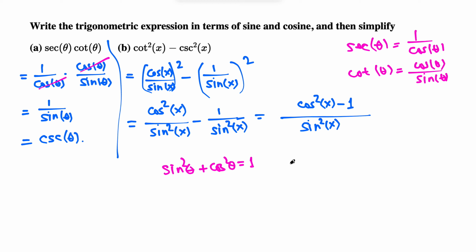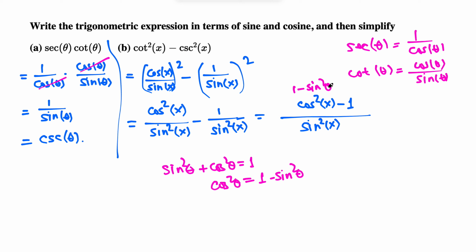If we move this over, subtract sine square from both sides, we get 1 minus sine square. Okay, so we can write cosine square as 1 minus sine square. And why? Because sine square is on the bottom. And when we write cosine square as 1 minus sine square, then 1 and minus 1 cancel, or 0. So we are left with negative sine square over sine square.